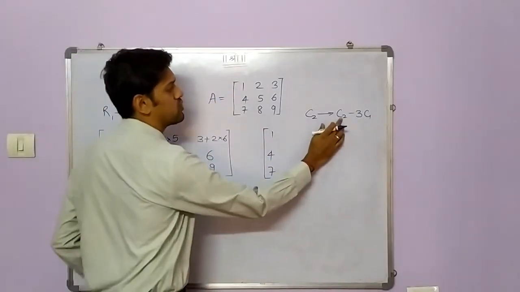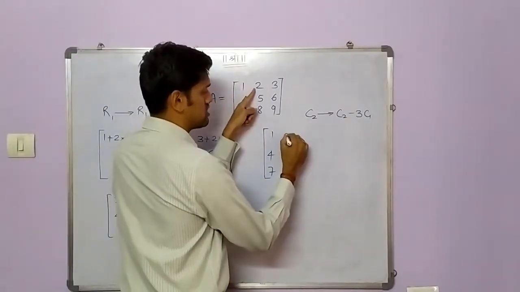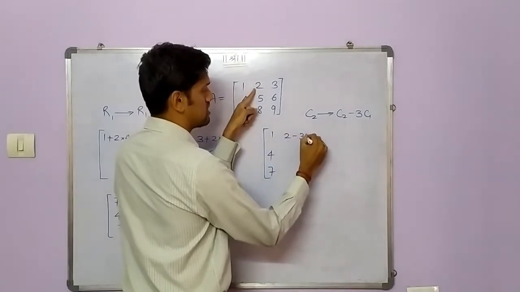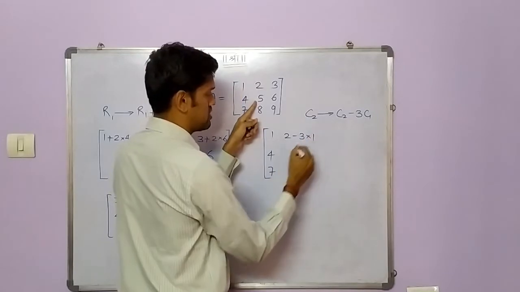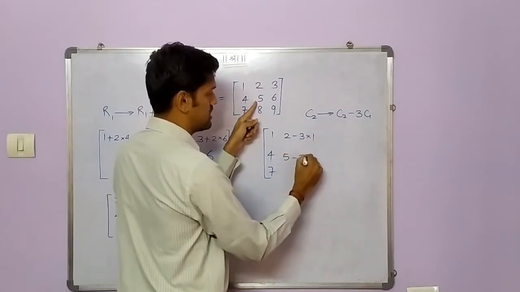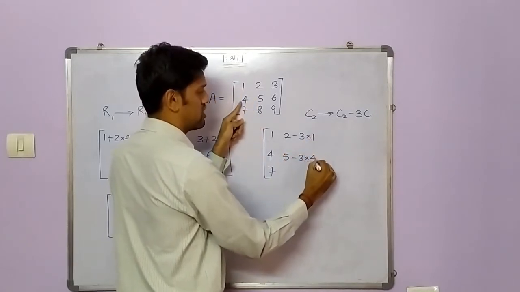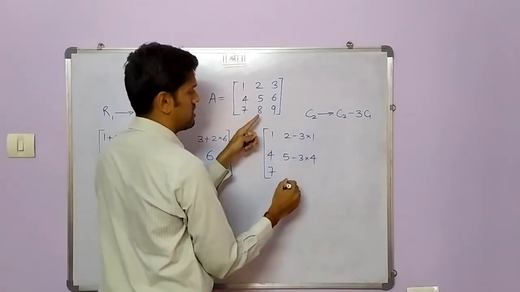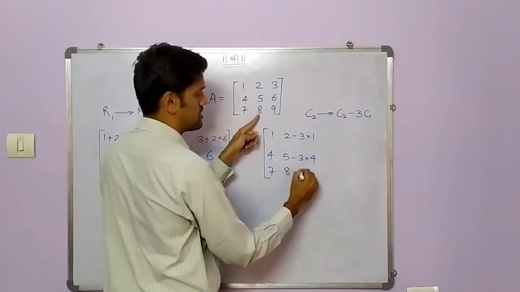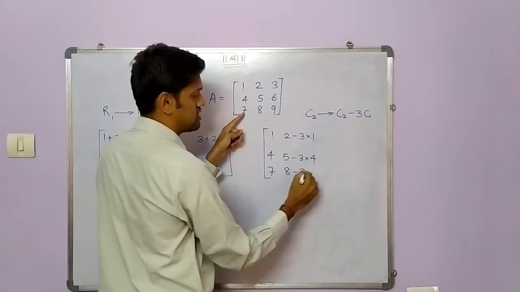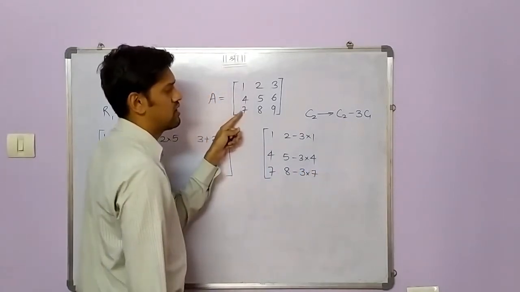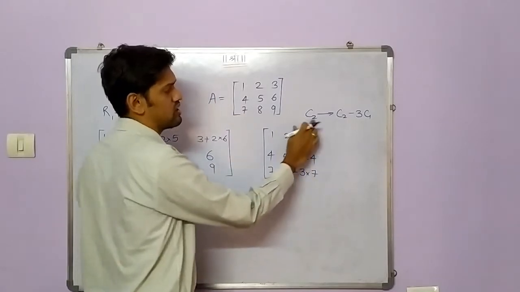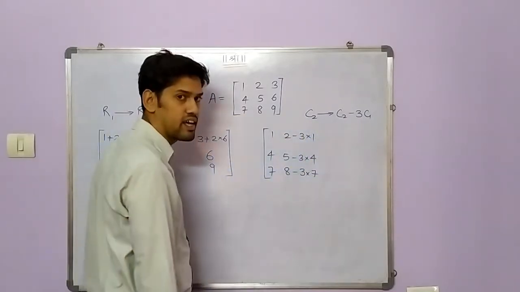Second will be C2, so it is 2 minus 3 times 1. This element will be 5 minus 3 times 4. And the third will be 8 minus 3 times 7, where 7 is the element of C1. This is my column 2, which has been altered as per this criteria.